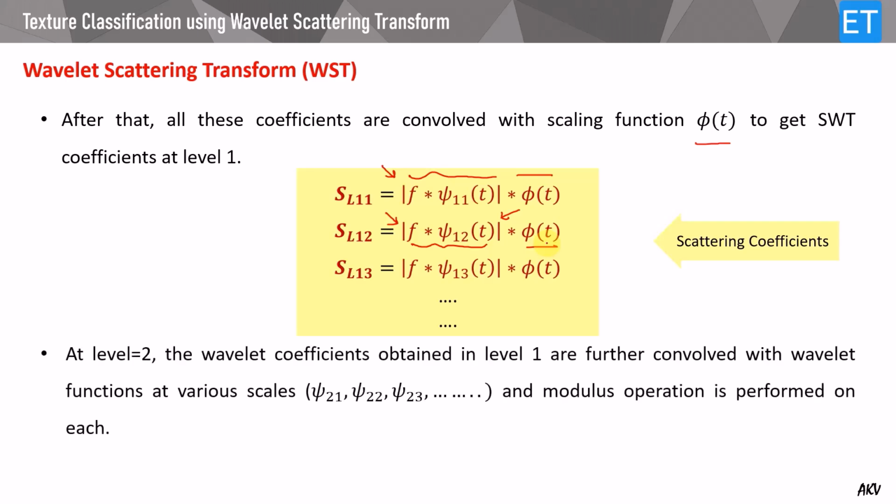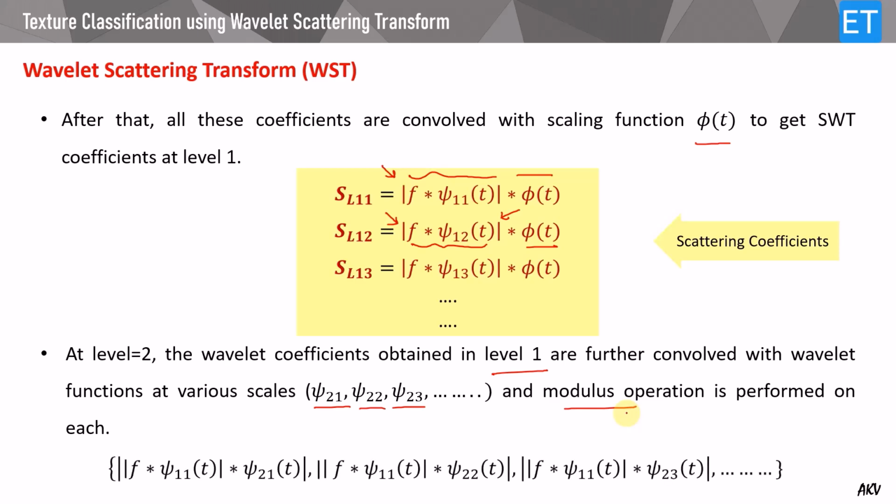At level 2, the wavelet coefficients obtained in level 1 are further convolved with wavelets of different frequencies at level 2, like psi21, psi22, psi23 and so on. Then again, as a second step, we do the mod operation, which is shown in this equation.